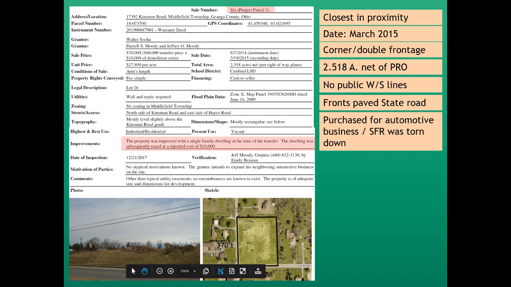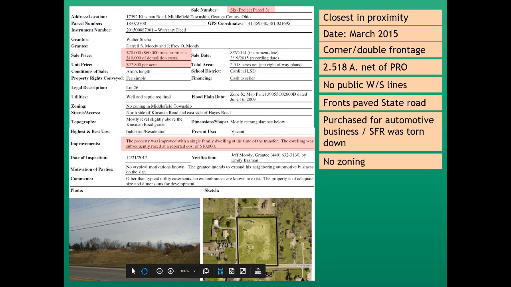And that dwelling was torn down at a cost of $10,000 based on the information on the data sheet. So that shows us that they actually paid $60,000 for the property, but sunk another $10,000 in it to tear the single family residence down. So that adjusted the sale price from $60,000 to $70,000.